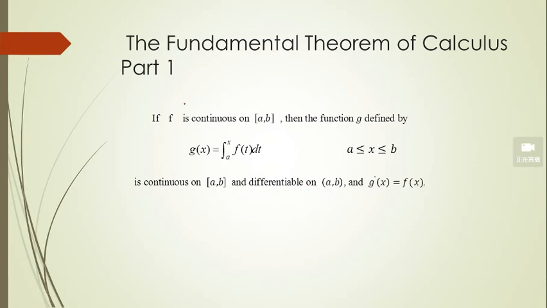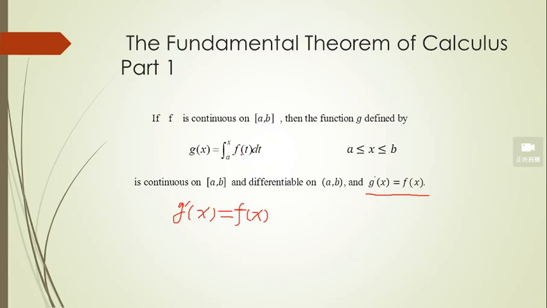And the important thing between g and f, you might ask, what is the relation between the function g and f if we define the function g in this way? The derivative of g equals the function f with the independent variable x. This implies the connection between g and f. So for the derivative of g, you just change the function f(t) into f(x).